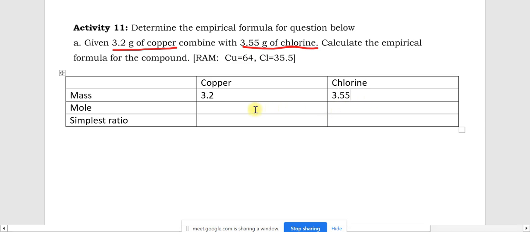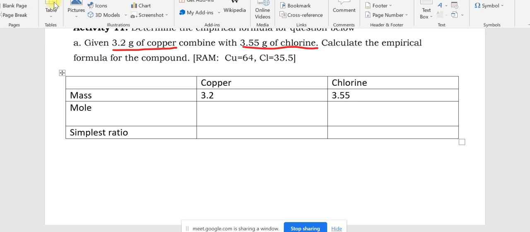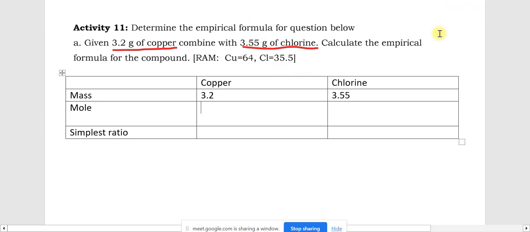Okay, for the moles you divide. 3.2, you divide by what? 64, your copper is 64.